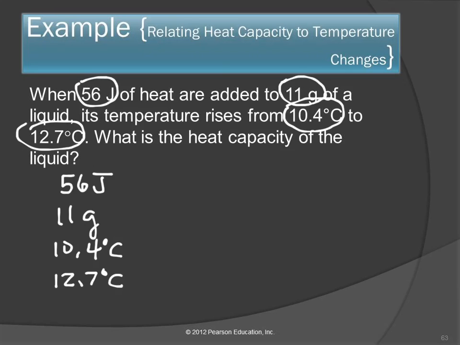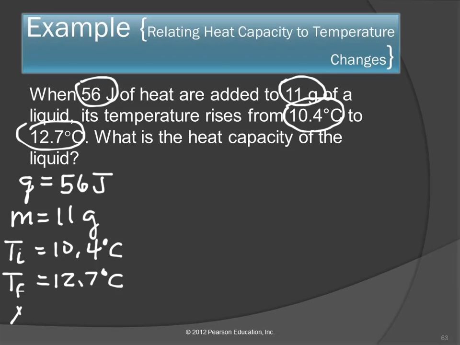Joules of heat. What letter is that in that equation? It's Q. 11 grams. That's the mass, so M. Now these guys are obviously both temperatures. This is TI, because it says from 10 to 12.